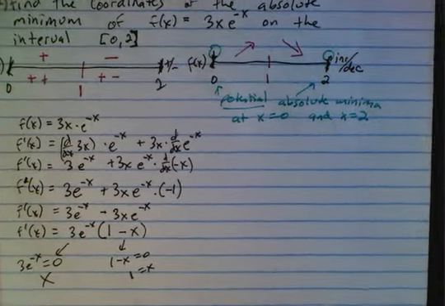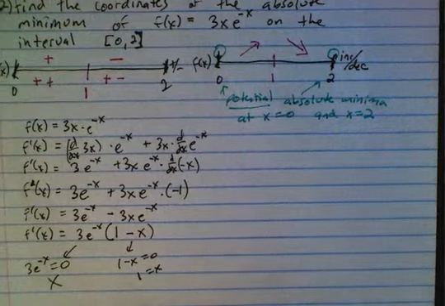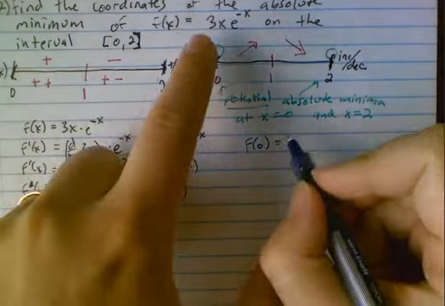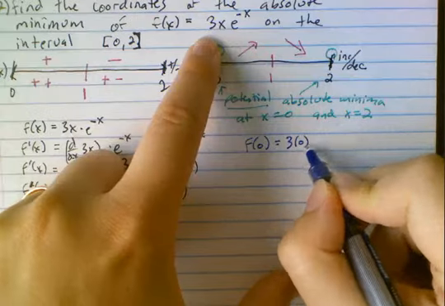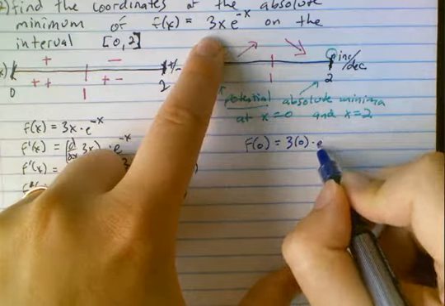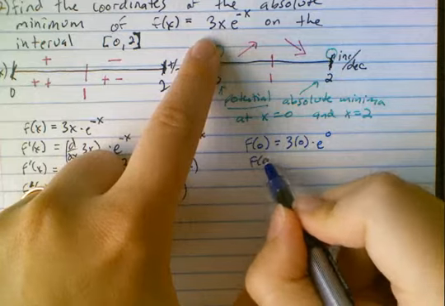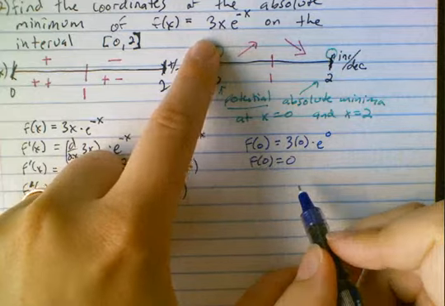So now we have to find f of 0 and f of 2 and compare them. Three times 0 times e to the 0, well, this is all multiplied together and one of them is 0. So f of 0 clearly equals 0.